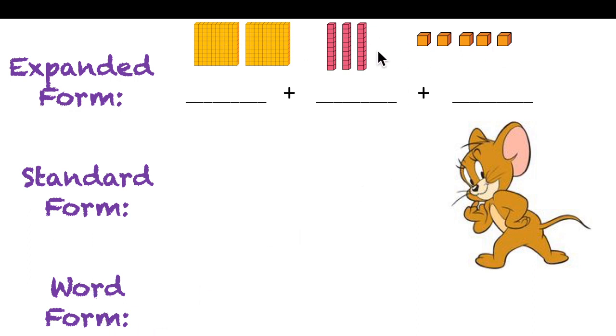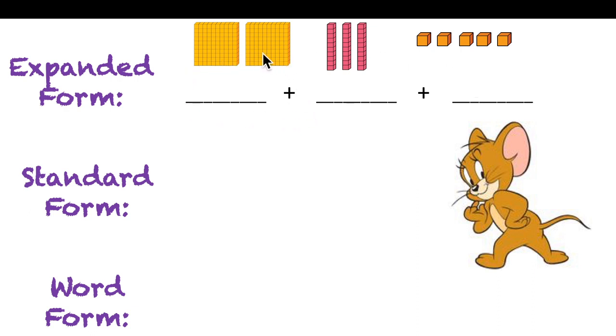Look at the place value blocks on the top. Let's do the expanded form. Remember the expanded form? When you write in an addition sentence separately digits for hundreds, tens, and ones. That is called expanded form.